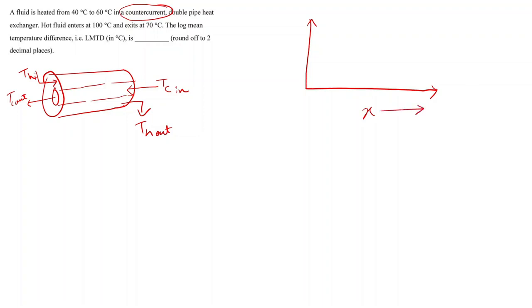So we can also draw temperature profile across X. So the hot fluid, we can just draw temperature profile as this. This is my hot fluid and it goes from 100 degrees Celsius. Similarly, the cold fluid will go from 40 to 60 degrees Celsius and the temperature will increase.